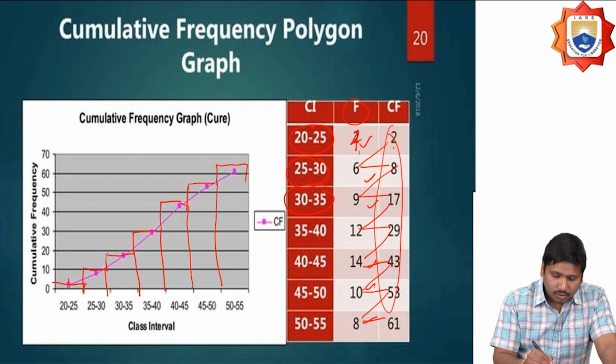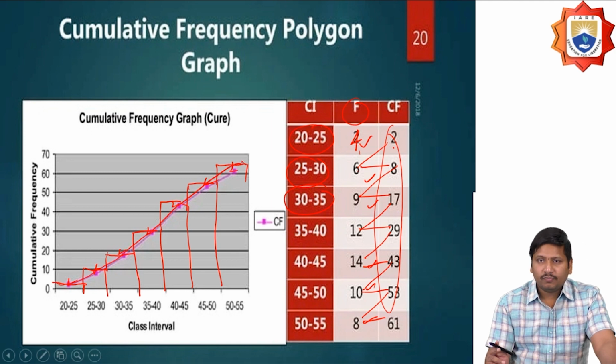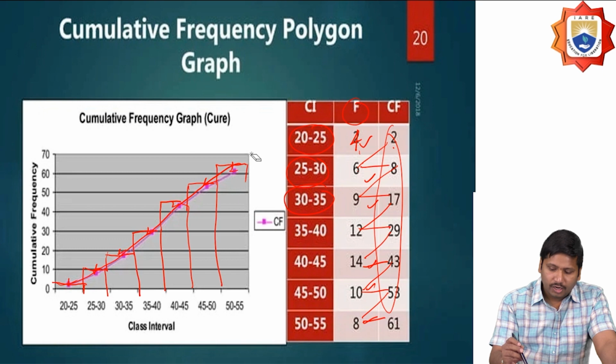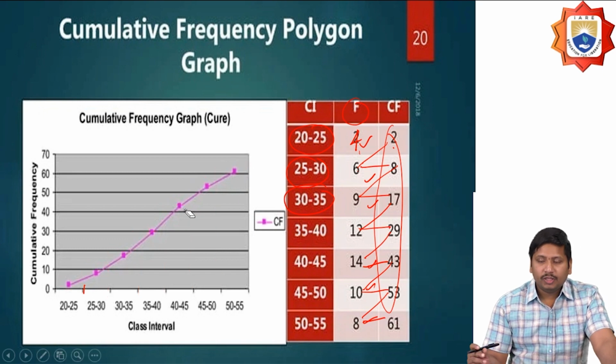So these should be the midpoints of each bar. After joining all the midpoints of the rectangular bars from the histogram, what I get should be the frequency curve. That is what we call an ogive.